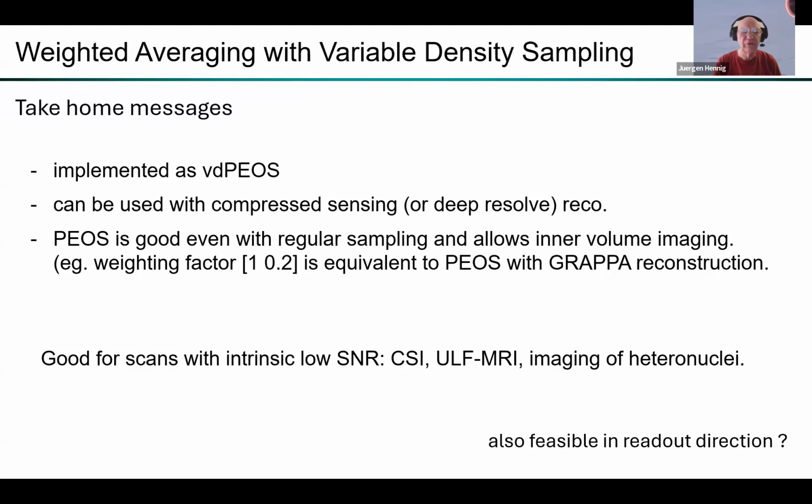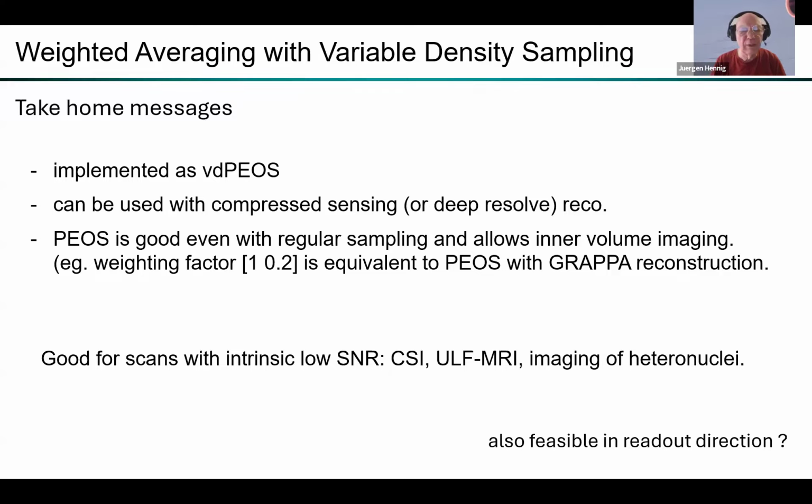Implementation has been done as phase encoding oversampling. You can reconstruct using compressed sensing and whatever is your favorite reconstruction algorithm. And this phase encoding oversampling is actually good even in a regular scenario.